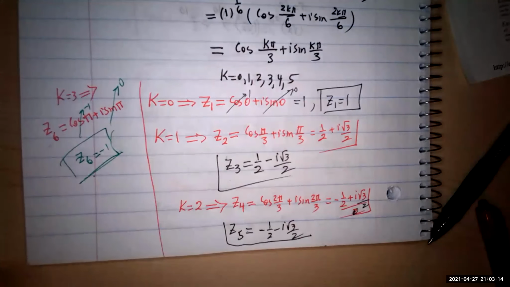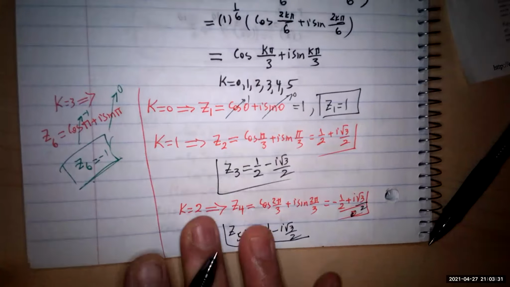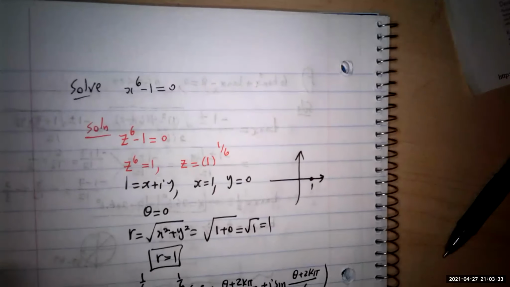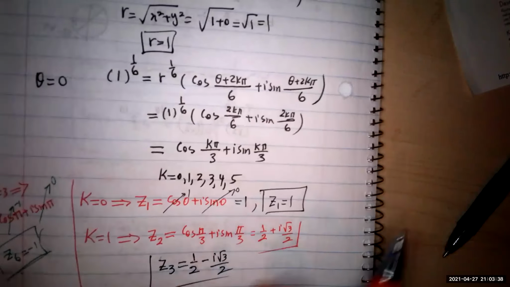Nice, you see? 6 solutions for this equation. If you were in algebra and you factor it, you get only 2 solutions. You get only 1 and negative 1 when you are in algebra, because you factor it into x cubed minus 1 times x cubed plus 1.